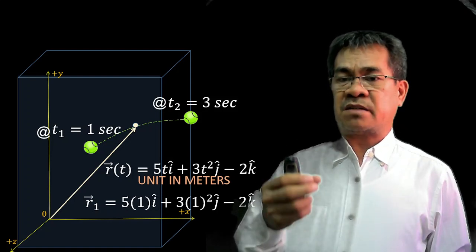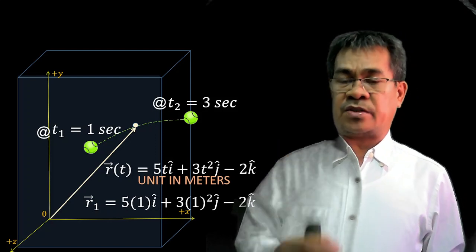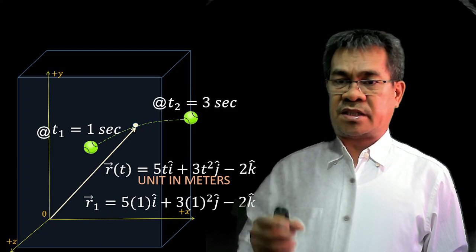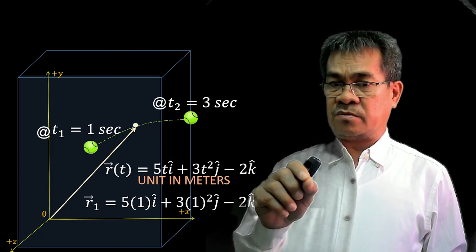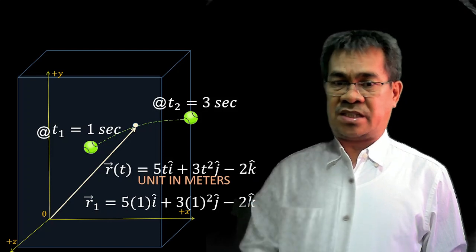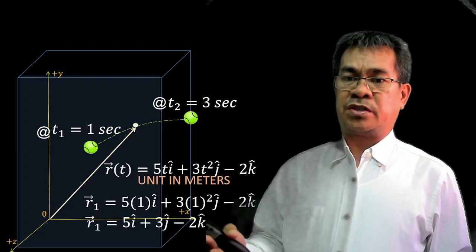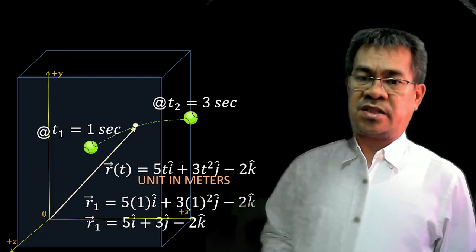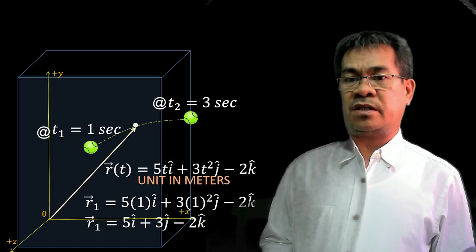So by substituting the time into the position vector, we can compute r1. Substituting the 1 second into the equation, meaning replace t with 1 second, then calculate, we come up with the initial position as 5 i hat plus 3 j hat minus 2k hat. This is the first position of the particle.